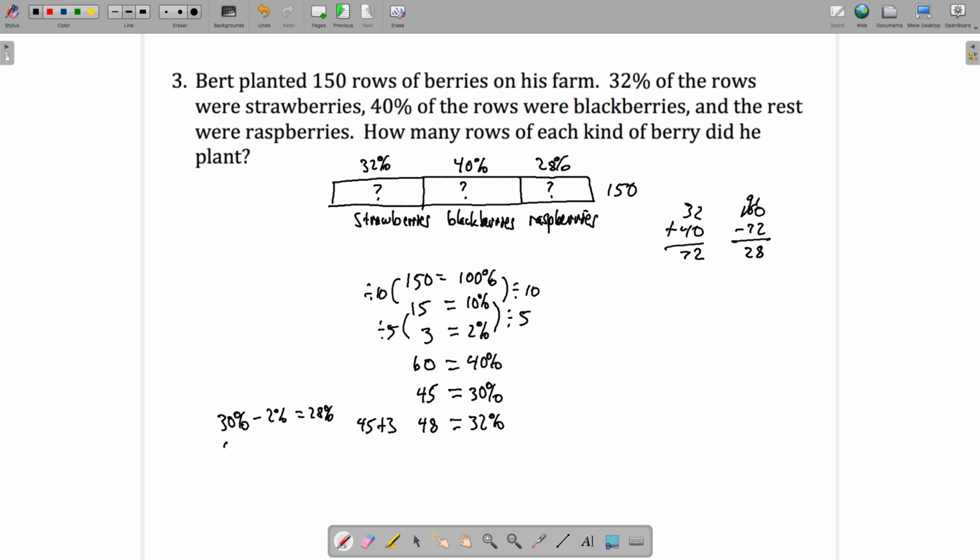So the amounts that go with that, that's 45 minus 3. So 28% would be 42. So strawberries are 48 rows, and blackberries are 45 rows, and raspberries are 42 rows.